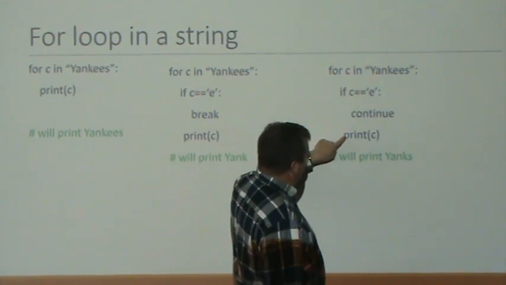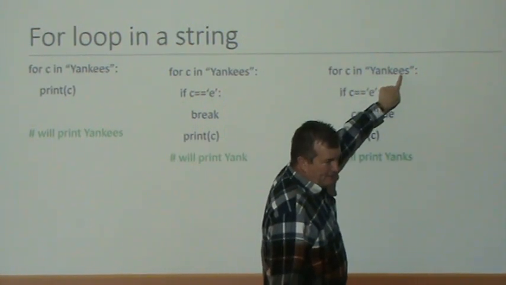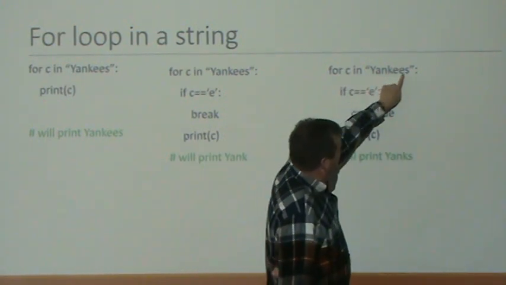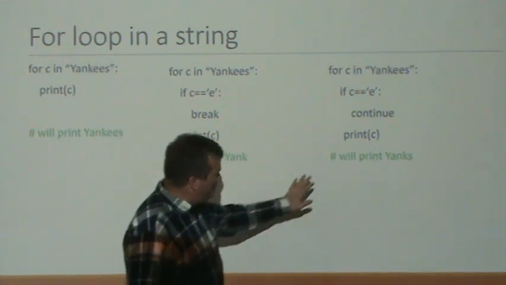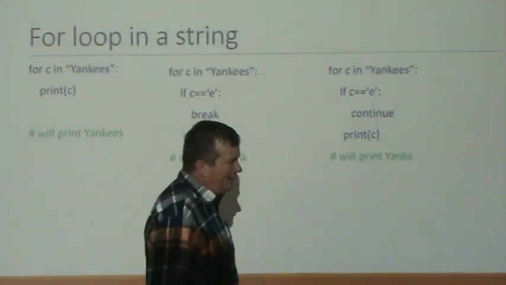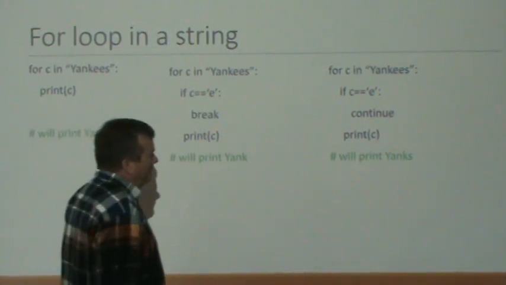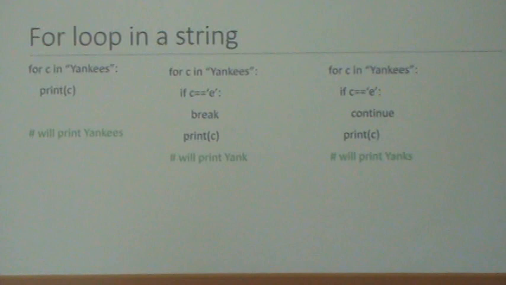It'll just go to the end of the loop, skip over this print, go back up to the top, it'll equal the next E. It'll skip again the print, and then it'll become S, and that will be printed. So this code would print Yanks, Y-A-N-K-S, no E, which is what the Yankees nickname is, right? So put that in a function called nickname.